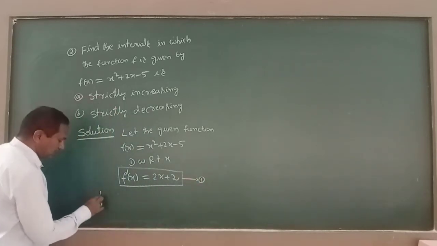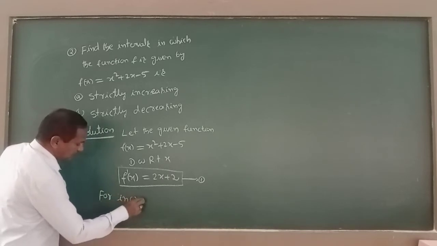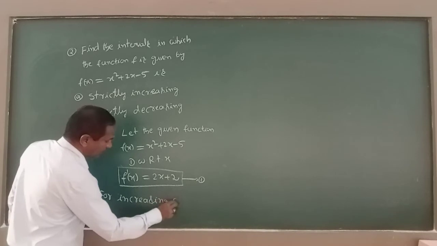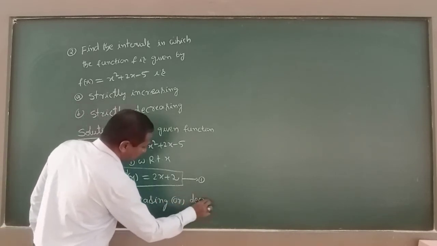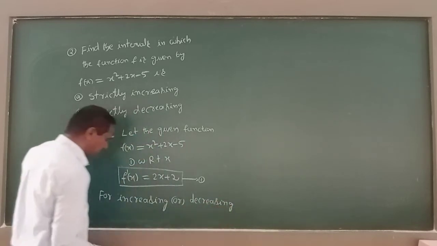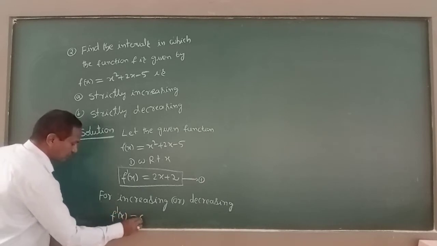For increasing or decreasing, f dash of x is equal to 0.